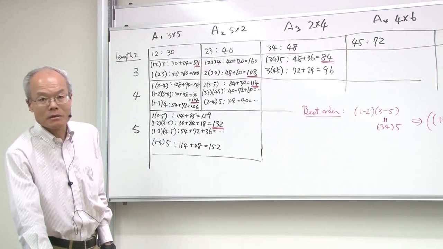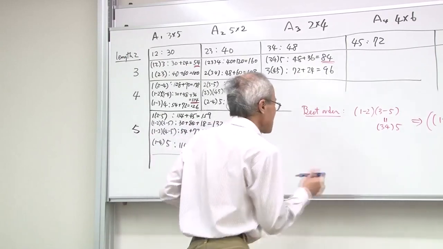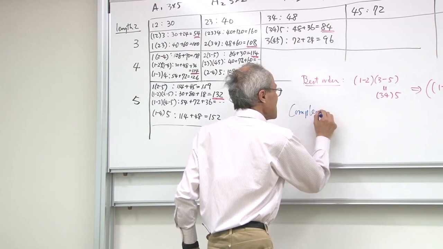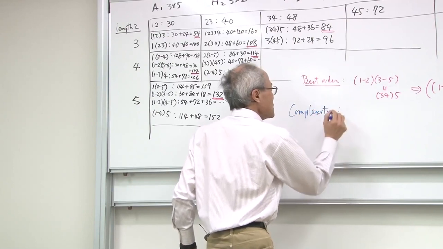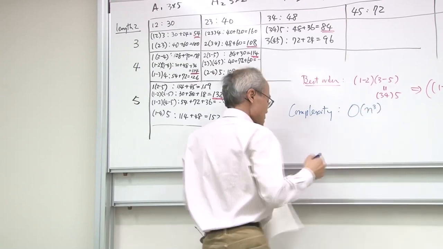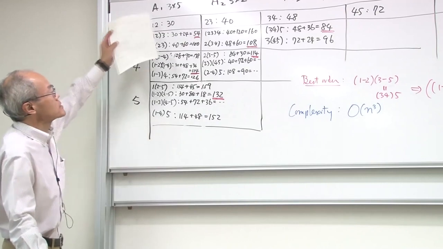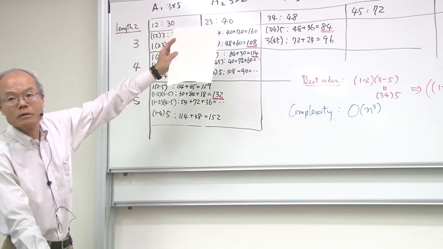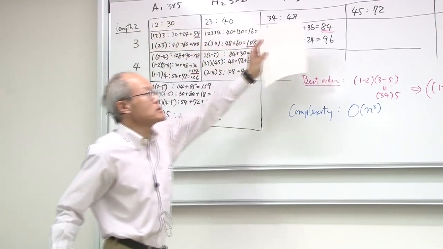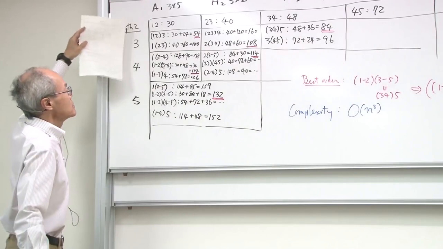Well, the complexity is something like order n cube. Why? Because the size of this table is n squared, because we have n matrices and n ranks.